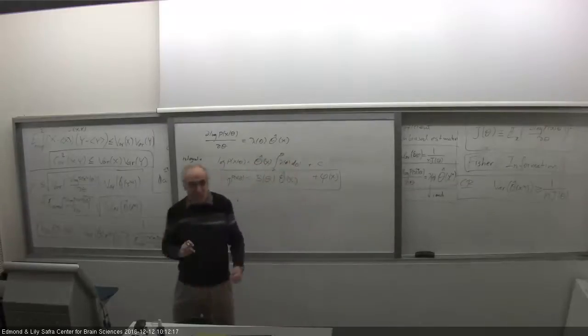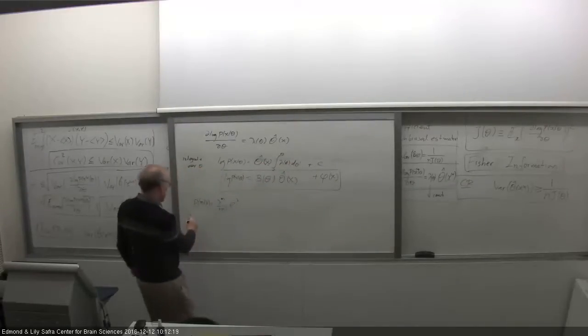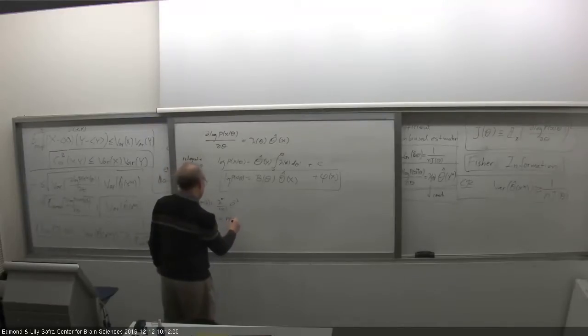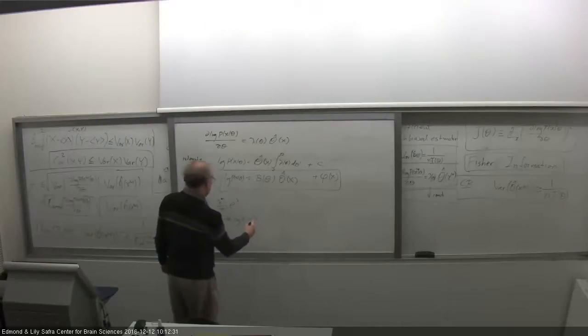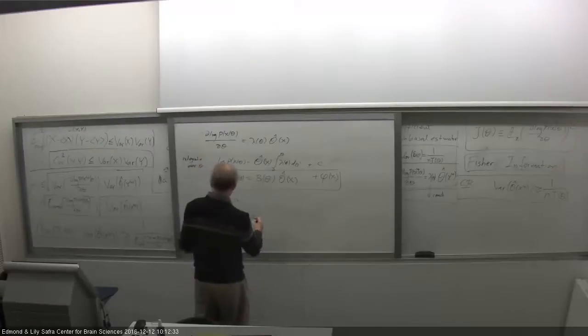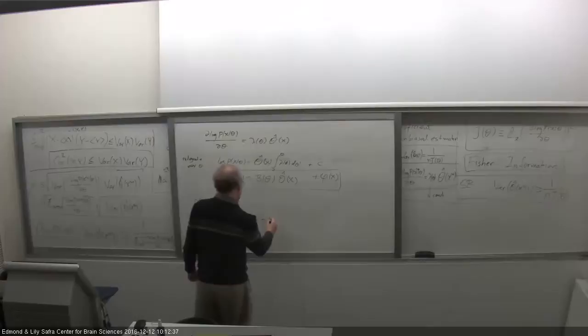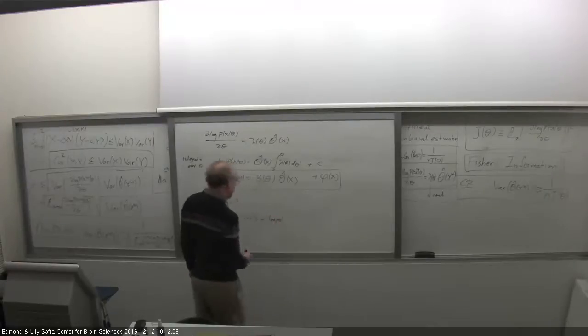So anyway, e to the minus lambda is simply a normalization. So if I take the log of it, it's simply m log lambda minus lambda, and minus log m factorial. Okay?